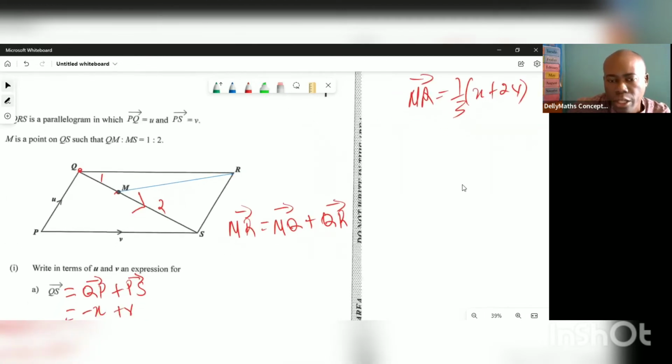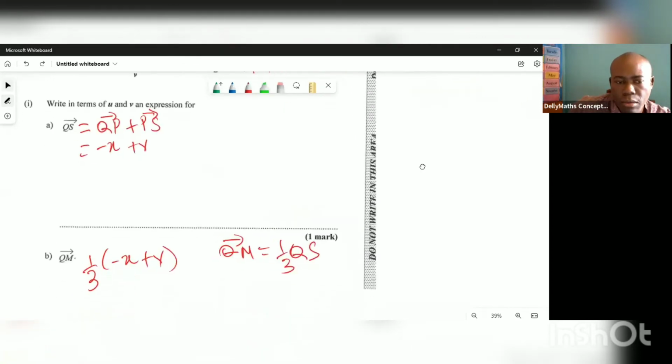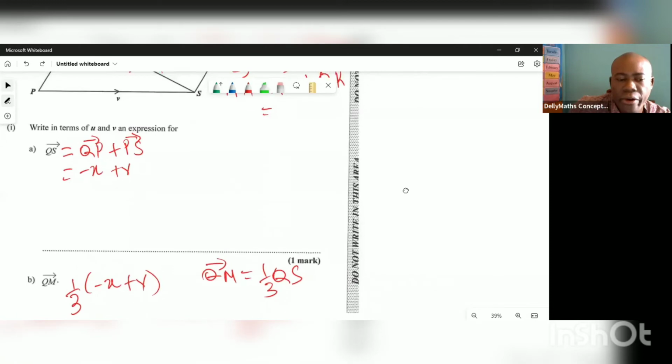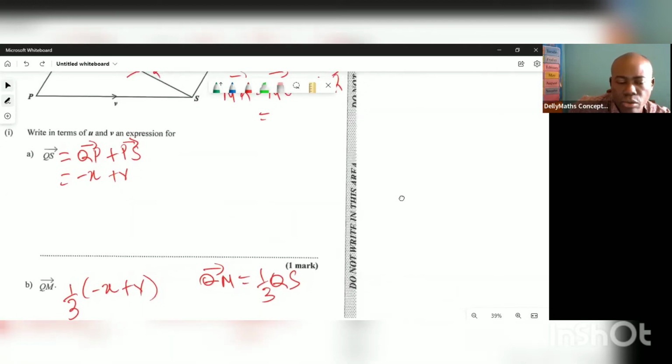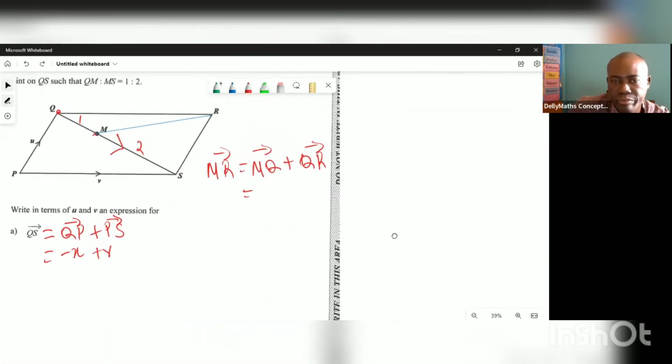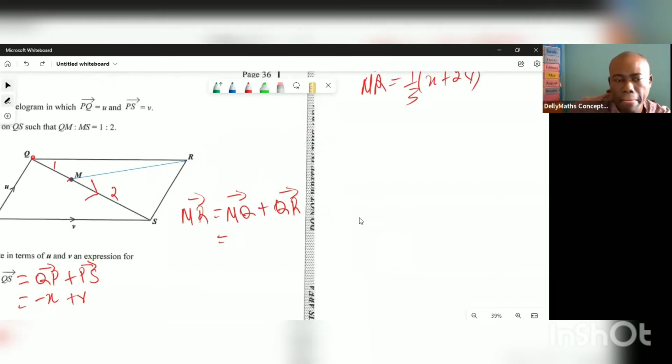Now, MR is to move from M to Q. But remember, I have QM. My QM was 1/3 (negative U plus V). Now, if I'm going in the opposite direction, I still have 1/3, but now I'll have positive U and a minus V, because the direction would have changed.